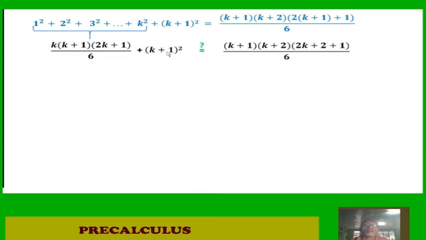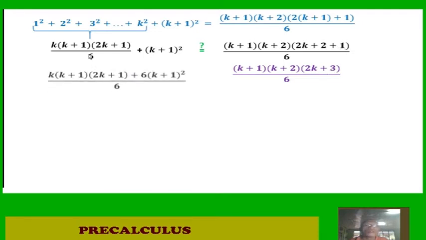And we have to verify if the left and right side of the statement are equal. So 2 plus 1 is 3. What we did here is we combine these two terms into a single fraction. So we have here a factor of 6.